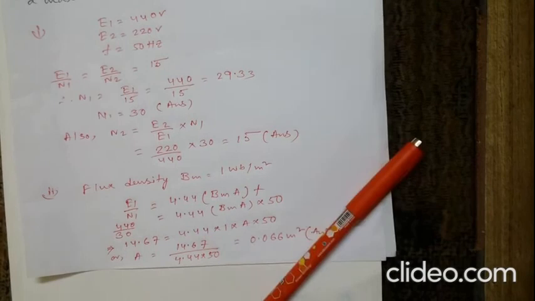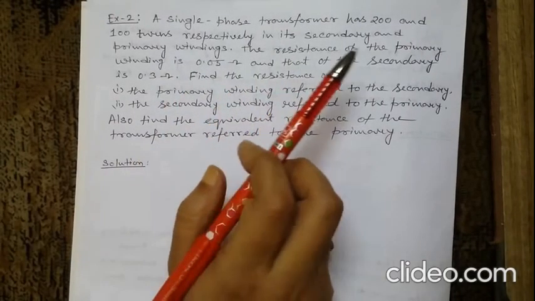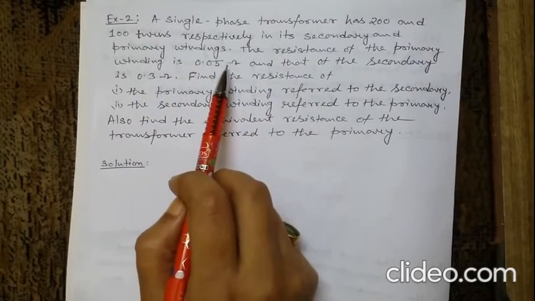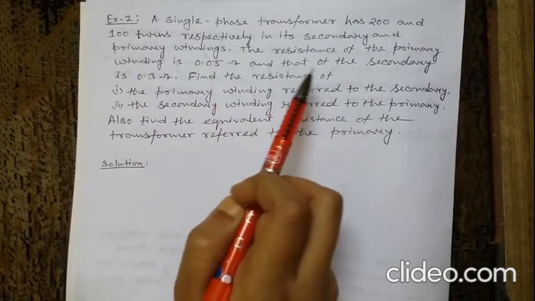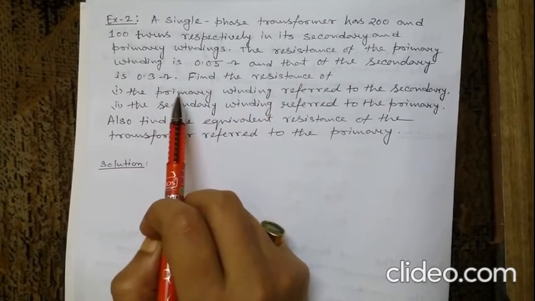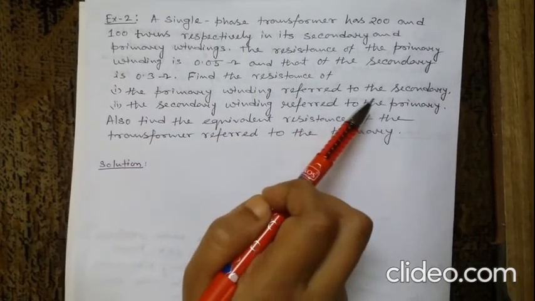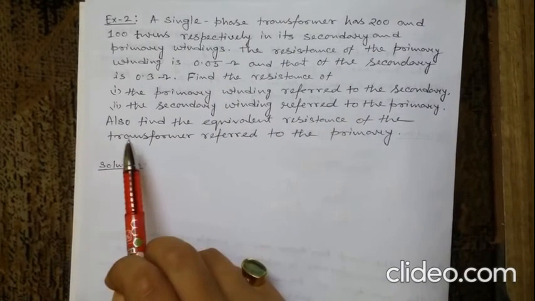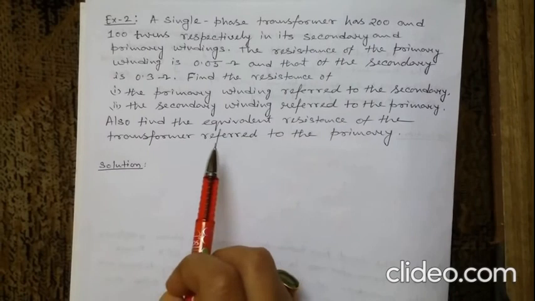Answer. Let us take another example. A single phase transformer has 200 and 100 turns respectively in its secondary and primary winding. The resistance of the primary winding is 0.05 ohm and that of the secondary is 0.3 ohm. Find the resistance of number 1, the primary winding referred to the secondary, and number 2, the secondary winding referred to the primary. And also find the equivalent resistance of the transformer referred to the primary.